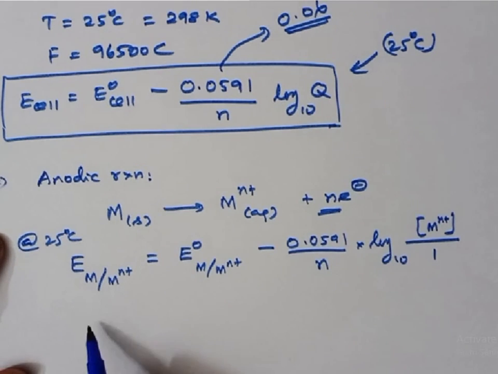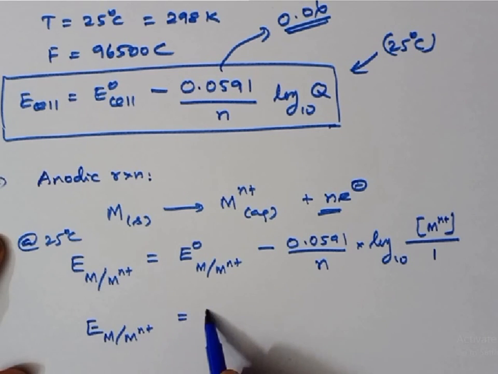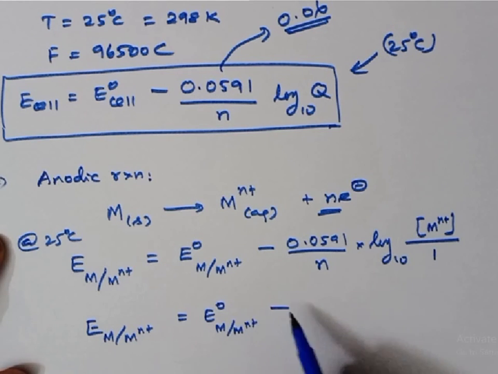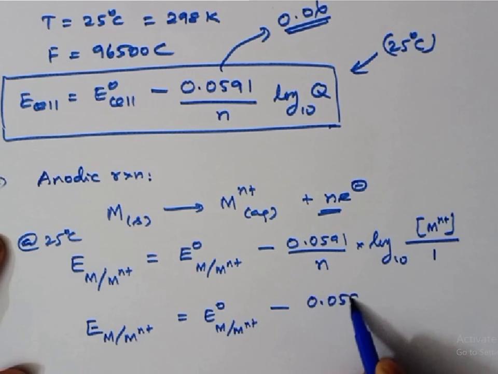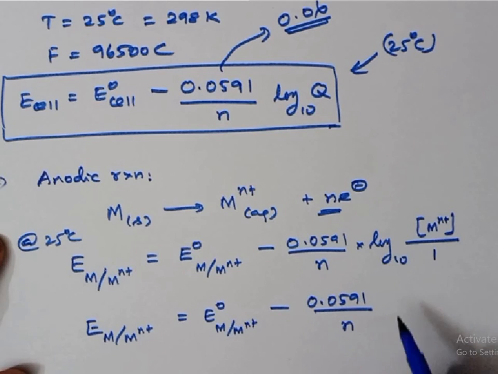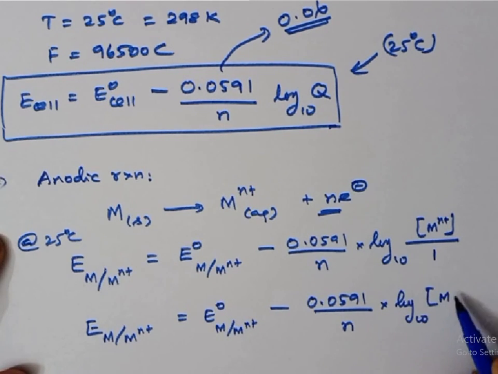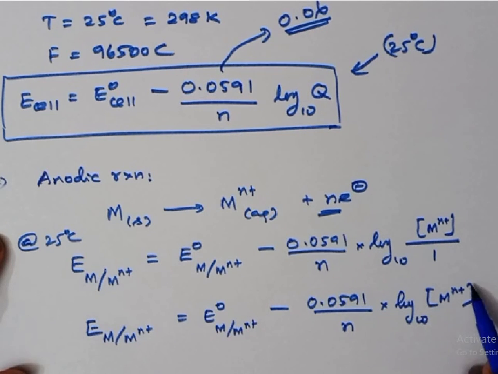Therefore, for this particular anodic reaction, E of M becoming M n plus equals E naught of M becoming M n plus minus 0.0591 divided by n into log base 10 of the concentration of the ion present in the solution.